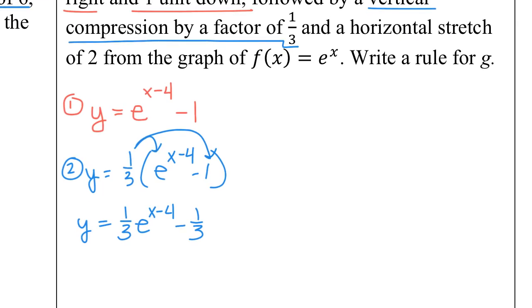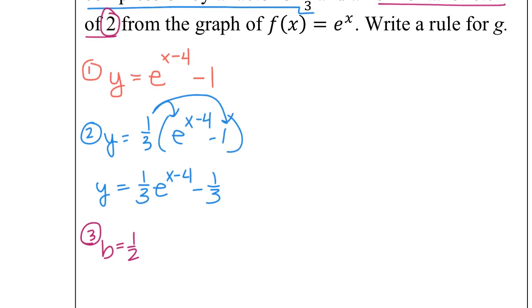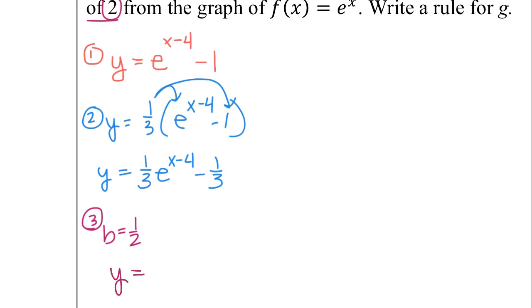Then it says that there was a horizontal stretch of 2. Now this is where it gets kind of weird because horizontal is your b value. And if it says 2, that means your b is really a half. You always need to flip over the number. So where the half is multiplied is actually up inside the exponent.